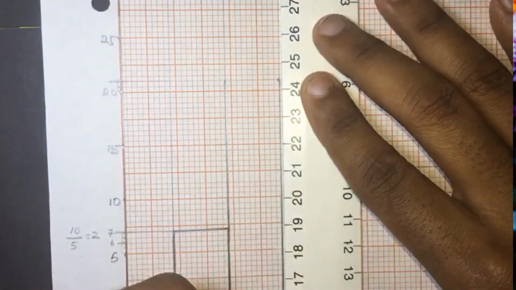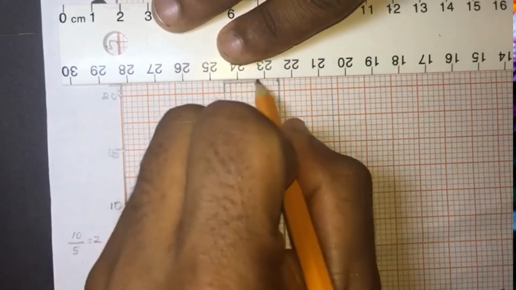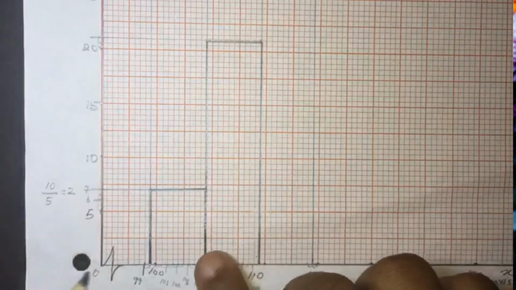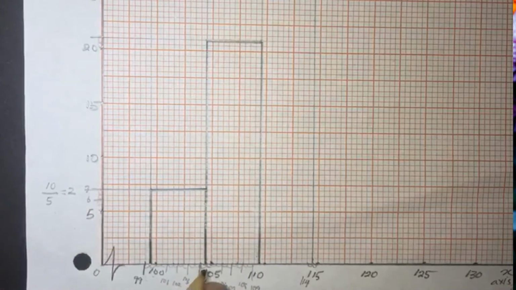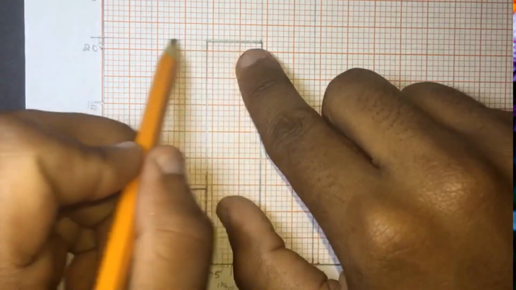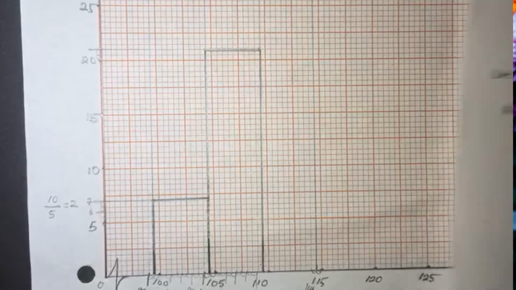See? Brighten the lines. So when I check it out, the class interval of 104.5 to 109.5 goes directly to 21. What's the next one?